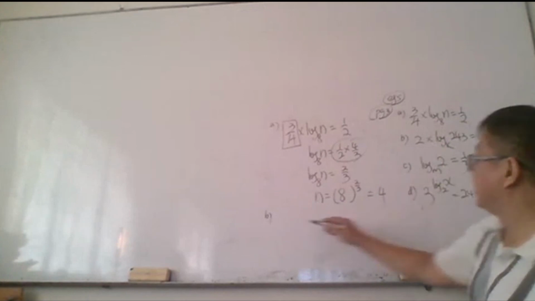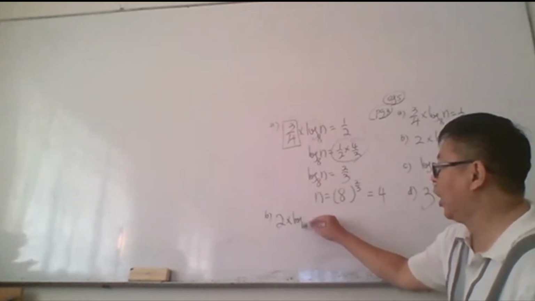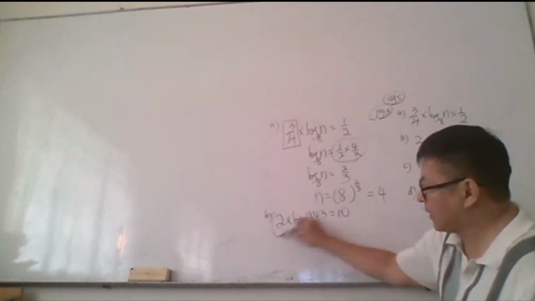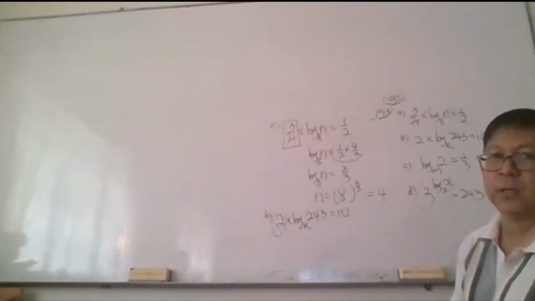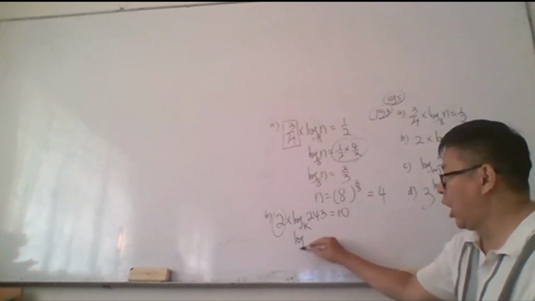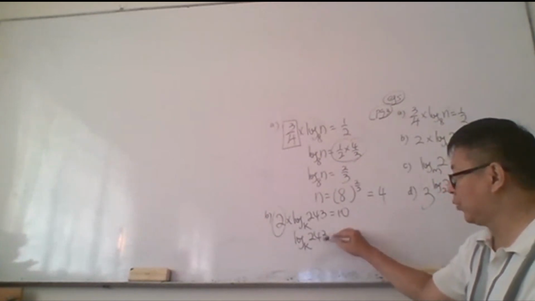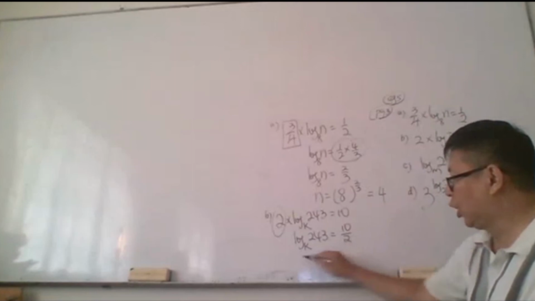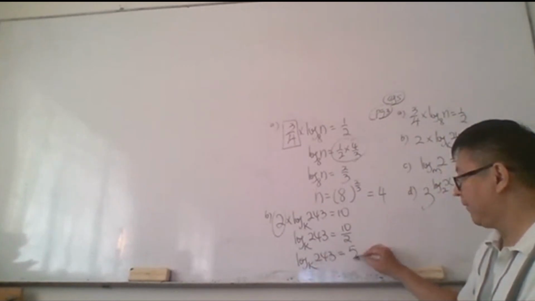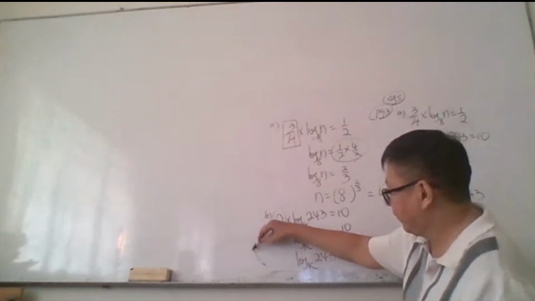And for B, 2 times log k of 243 equals 10. I must clear off this number before I change my log to index form. So log k of 243 equals 10 over 2, which is 5.